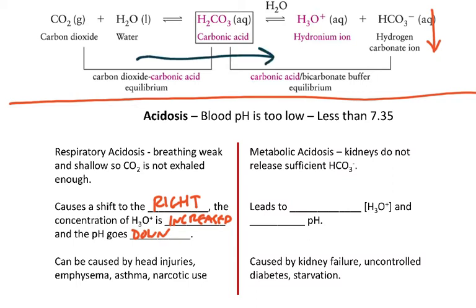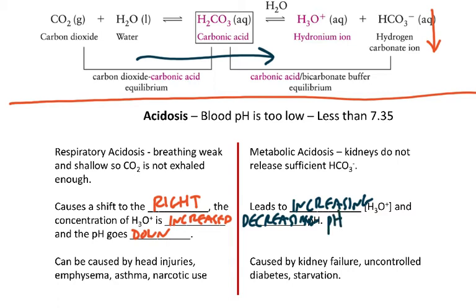But of course, not only hydrogen carbonate is produced, also H3O plus is produced, right? This entire thing, the products are produced. So this leads to increasing H3O plus and decreasing pH.